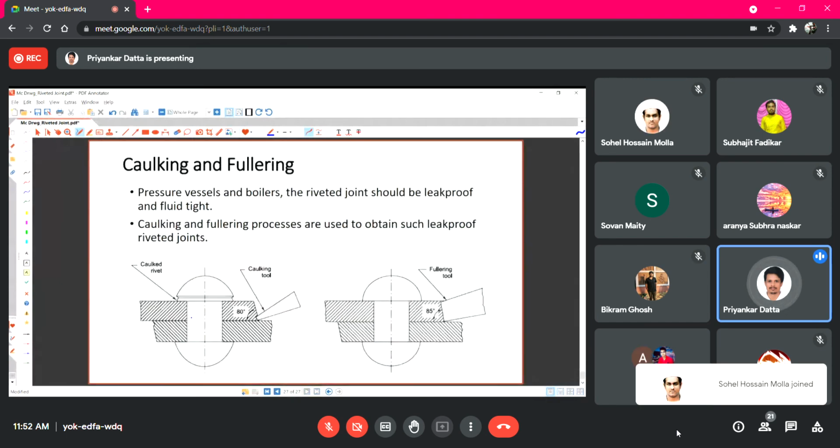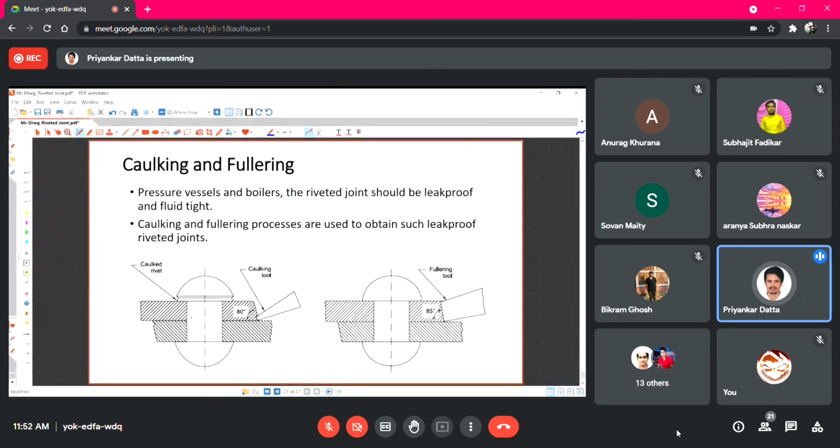Now the last part is, to make it leak proof, there are two methods. One is caulking and another is fullering. The caulking tool is somewhat similar to a chisel. In your fitter shop, you have probably seen some video demonstration where chiseling is performed.